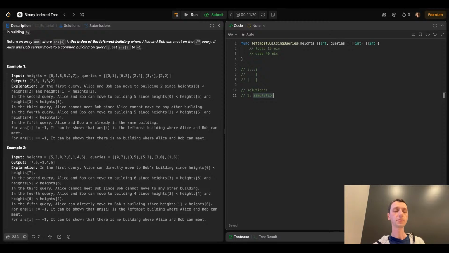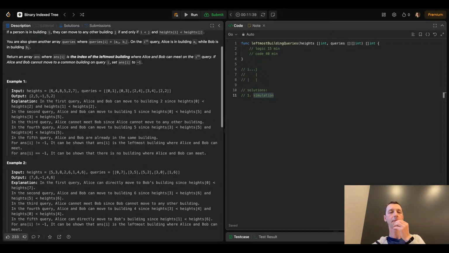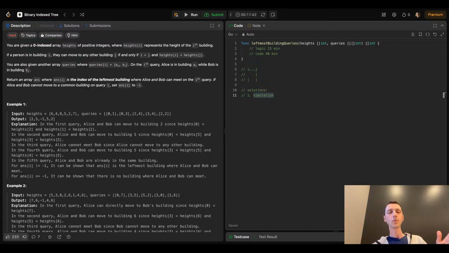The search is, you have 2 pointers, and you can start from a and go to the right and check if any of the buildings in the array is a good building for meeting.